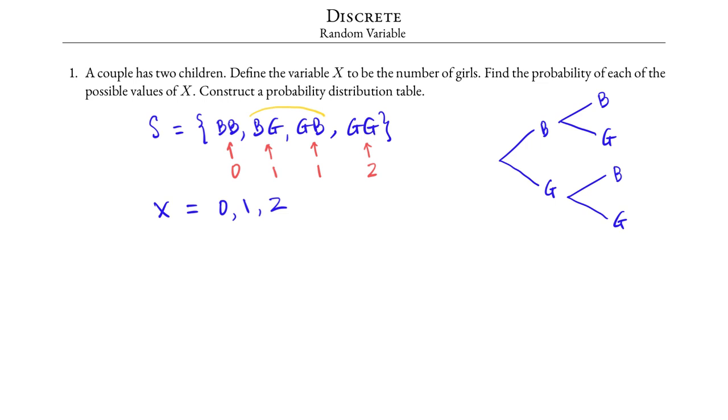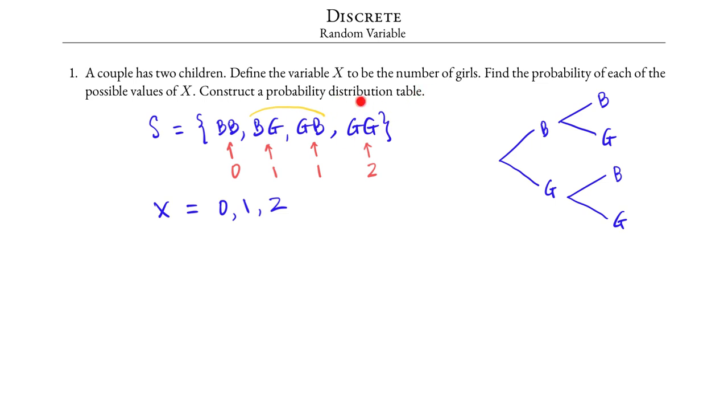Now, if we can count that, then we can find the probability of each of the possible values for x. In some cases, we might have to make a table, a t-chart. Now, this is not the probability distribution table. In this case, there are only four possible outcomes, so this is quite simple.